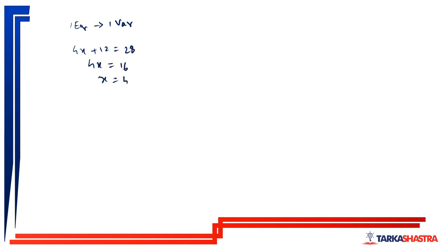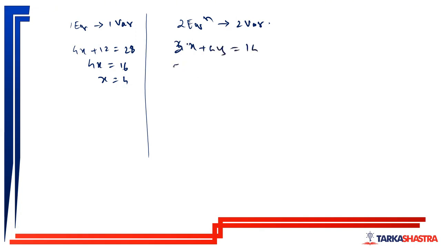And what do we understand by solving the equation? It means that we are able to find out the value of that variable. Then two equations, two variables, we are again able to solve it. For example, 3x plus 4y is equal to 14 and 6x plus 5y is equal to 22.